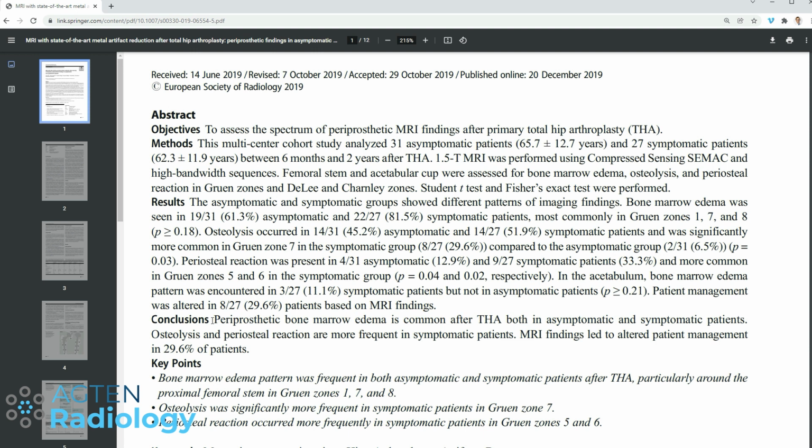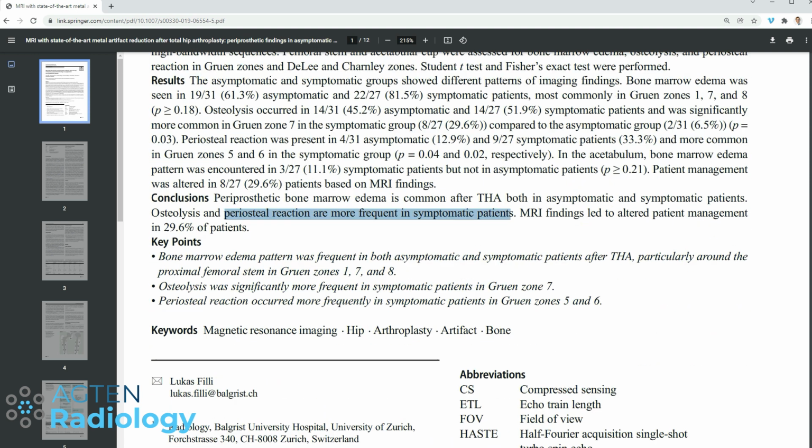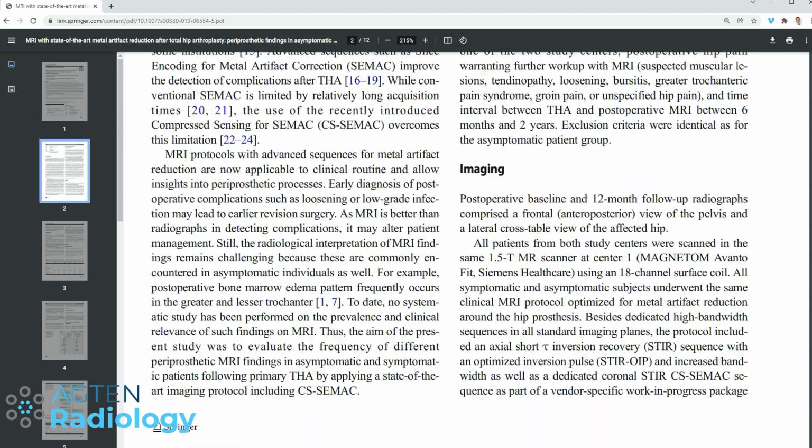So that's not alone per se a pain generator, but it's kind of the normal response of the bone to the arthroplasty. And then osteolysis and certainly also periosteal reaction were more frequent in symptomatic patients. And this is relevant, right? So it's clinically relevant, although you also have periosteal reactions in some asymptomatic patients. But our patient was actually symptomatic at the exact location there.